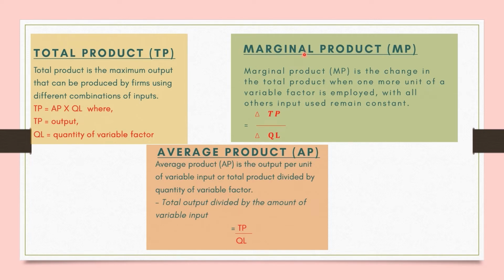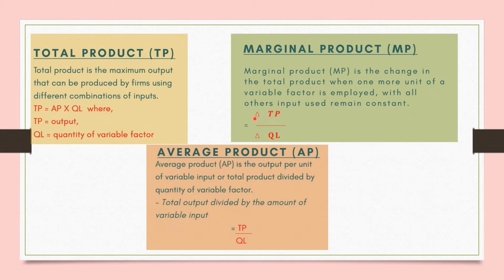Okay, next we move to the marginal product, which is the MP. So, what is a marginal product? A marginal product, MP, is the change in the total product when one more unit of a variable factor is employed with all other inputs used remaining constant.